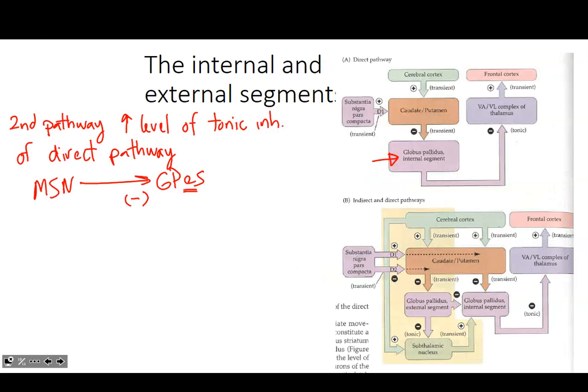This is inhibitory input, and it's mediated by GABA, just like to the internal segment. Axons projecting from the external segment target two different areas. They either target the internal segment of the globus pallidus, the GPi, or they project to what's called the subthalamic nucleus.